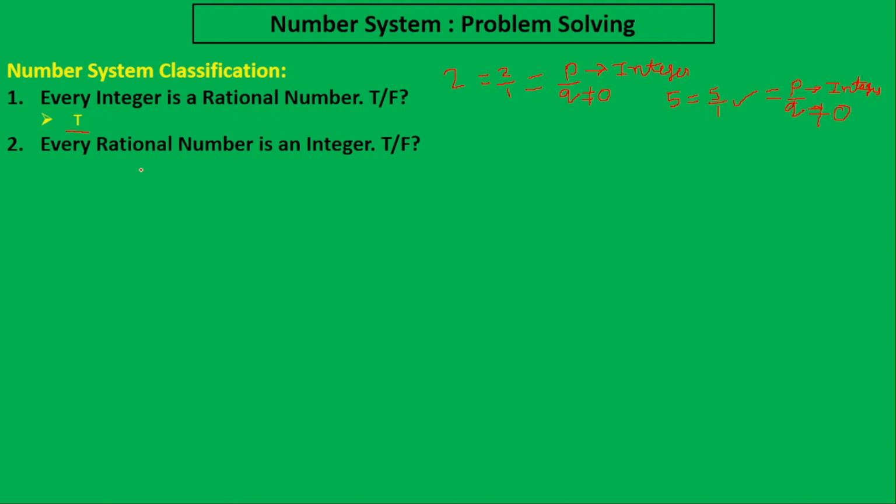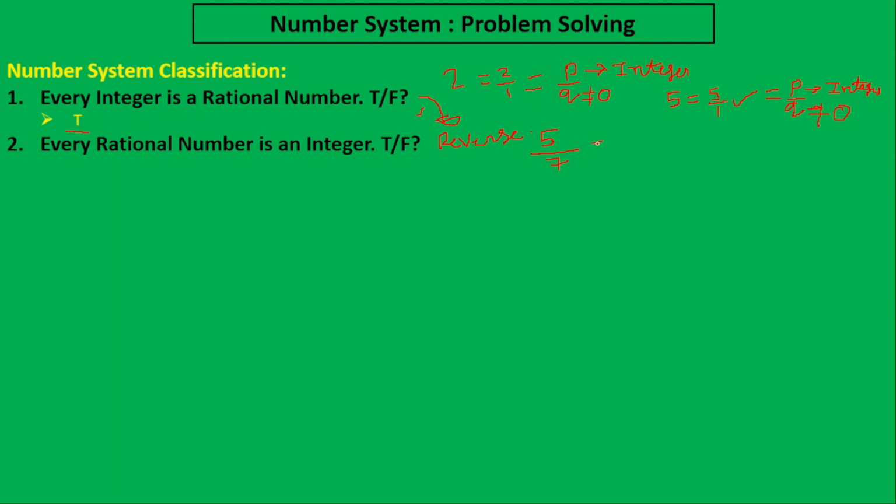Now, every rational number is an integer. True or false? We'll take an example. Basically the question is the reverse of the first statement. Every integer is a rational number, so is every rational number an integer? Let's check. 5 by 7 is a rational number but not an integer.